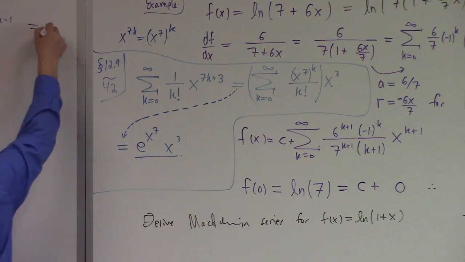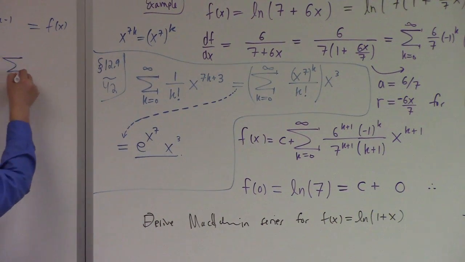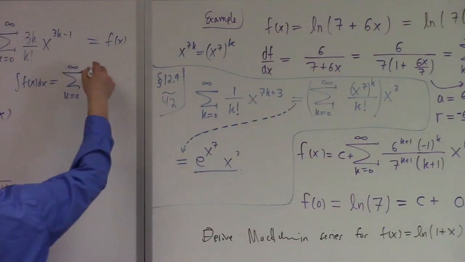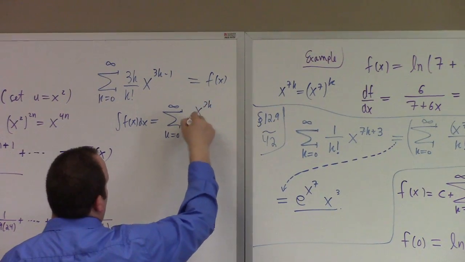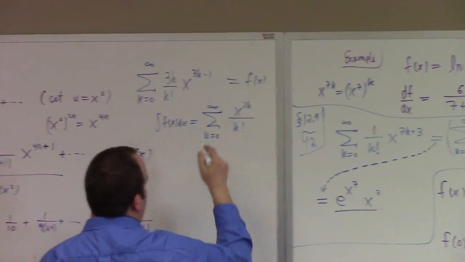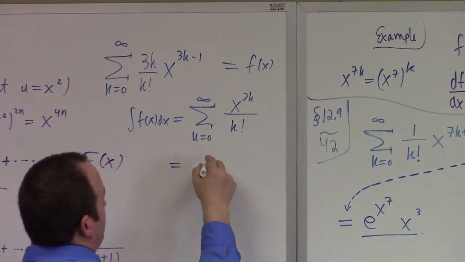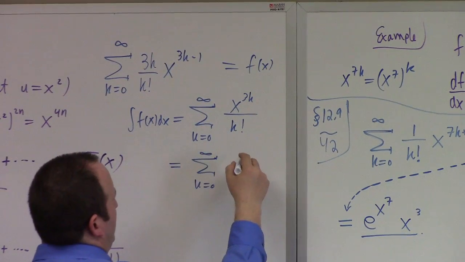All right, so if this thing is f of x, then the integral of f of x is what? Term by term. Right? Which I would argue is... I think there's just a typo in the key there.